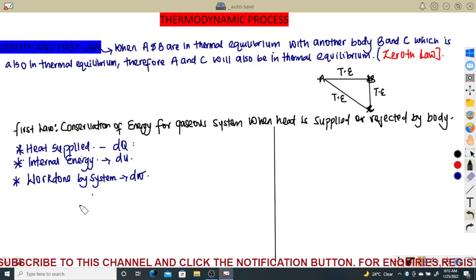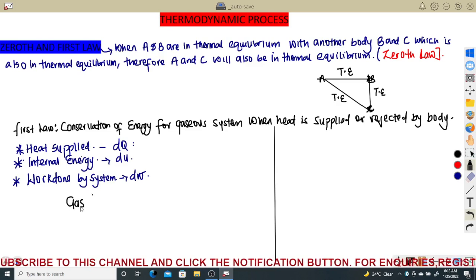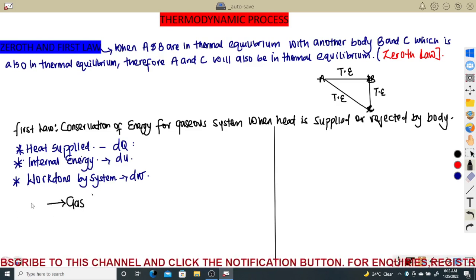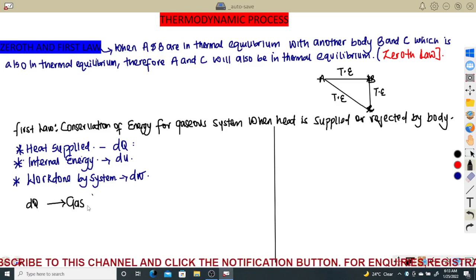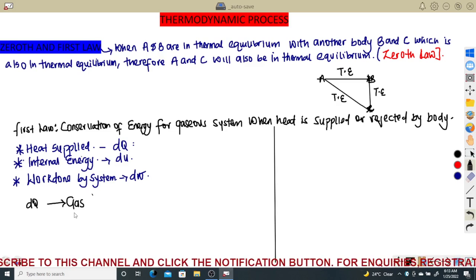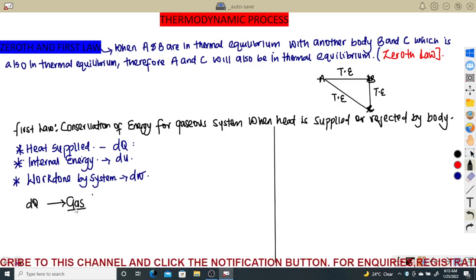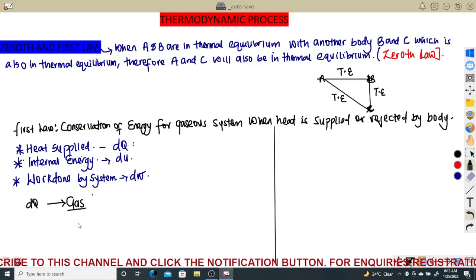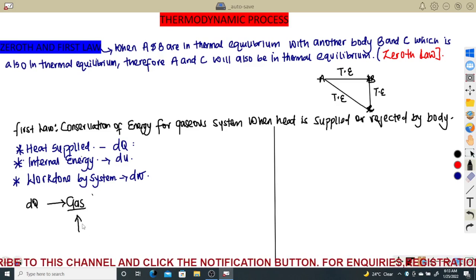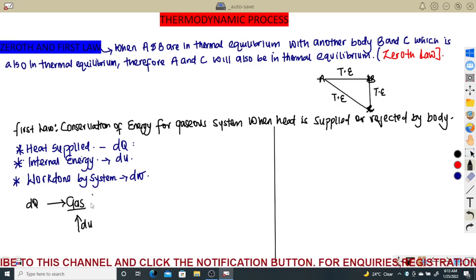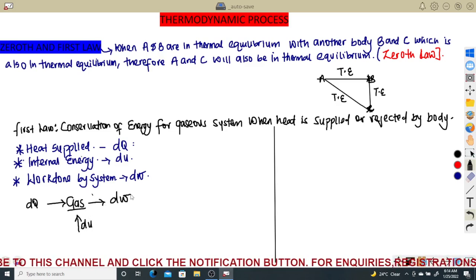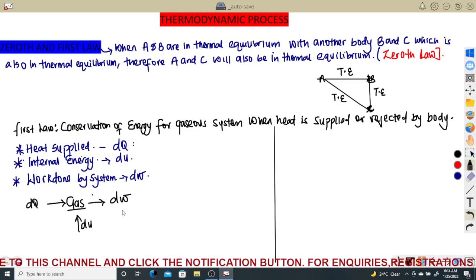So if we have a gaseous system and you supply a quantity of heat to the body, then because heat is supplied, work is done. The internal energy inside this gas is going to be increasing; I'll write that as U. Because that has happened, some amount of work will be done on the surroundings, by conservation of energy.